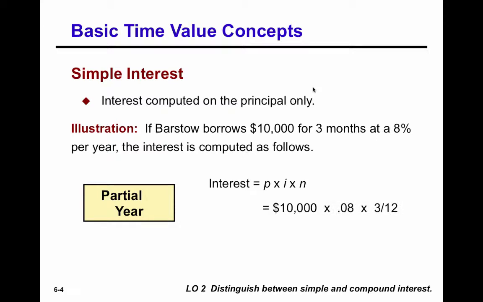As you can see, the calculation then takes the annual rate of 8% and multiplies it by the portion of the year, 3/12, to get the amount of interest that would be due. Consequently, in settling this loan, Barstow would be required to pay $10,200 at the end of 3 months.